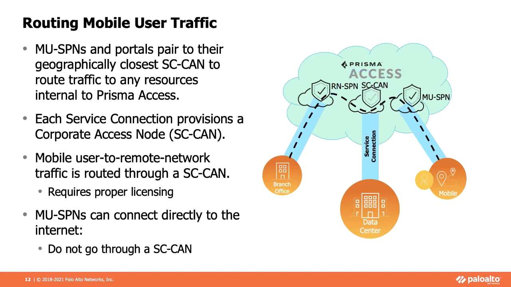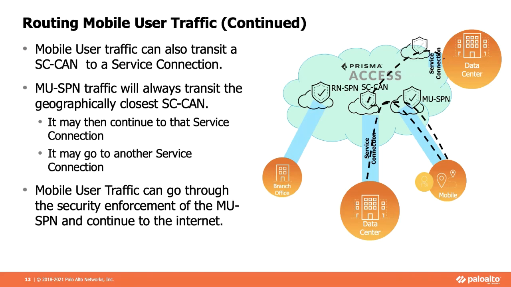Typically, a corporate access node is for a service connection in order to allow access to different services that are needed in an existing data center. But we can actually have another separate use case for these corporate access nodes. So again, if you have multiple service connection corporate access nodes, mobile users are going to use the closest one to them, just like our remote network users did.